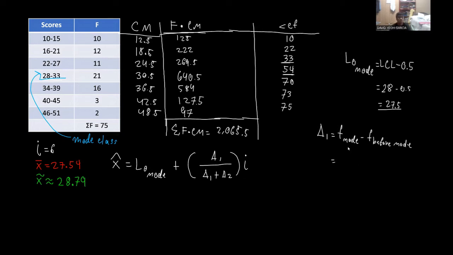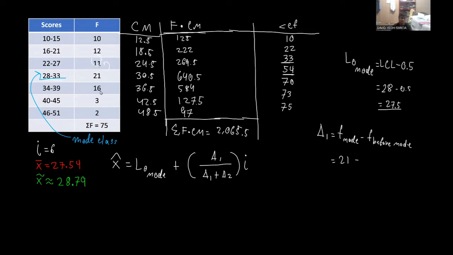What is the frequency of the mode class? Since this is your mode class, its frequency is 21, minus the frequency before the mode class, which is 11.